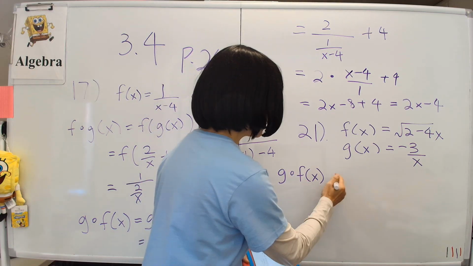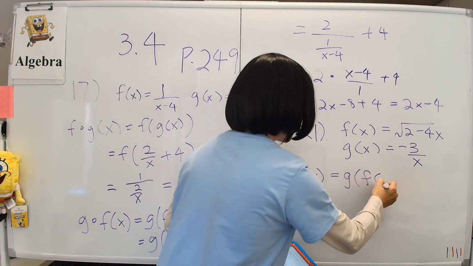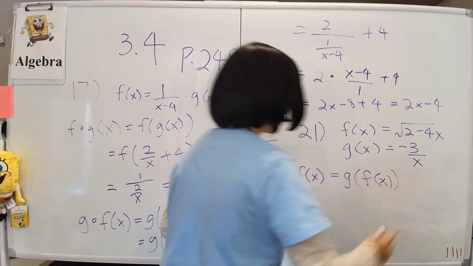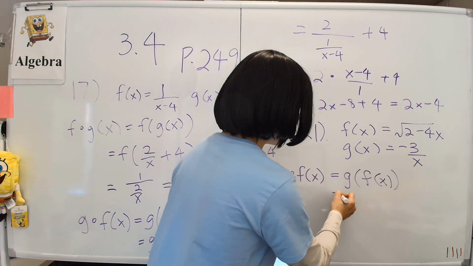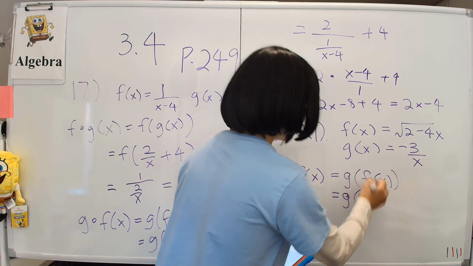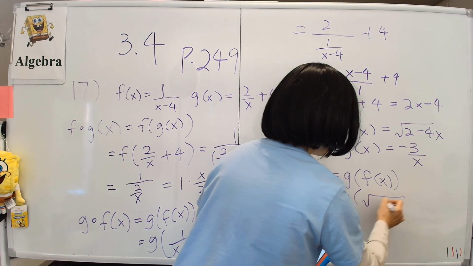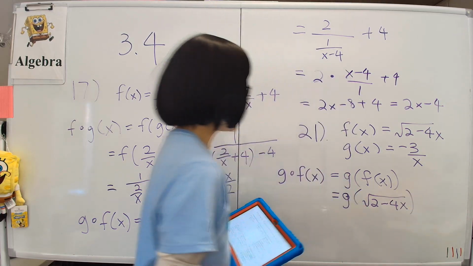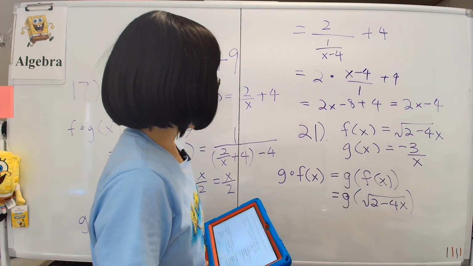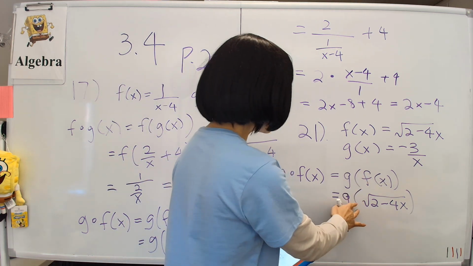Now, as always, we rewrite this thing as g parentheses f of x, because that may help me see things better, which is g of, let's write down f of x right in here. What was f of x? Okay, let's copy that down: square root of 2 minus 4x. Okay, and then we plug this thing into g.